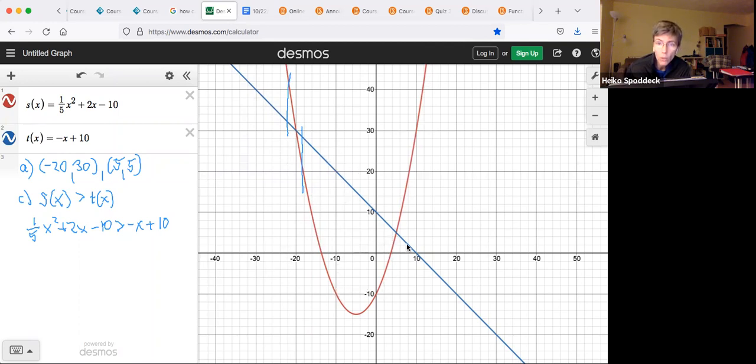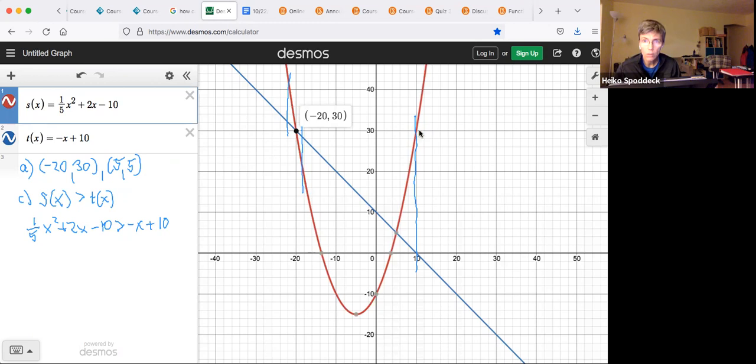However, I keep going to the right, and oh, look at this. I again see that if I draw a straight line here, maybe I take this solid line to help me draw a straight line, again my red line is greater than my blue line. So the areas where the red line is greater than the blue line is basically everything to the left of our point of intersection and to the right of our point of intersection.